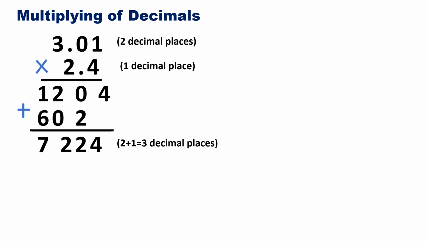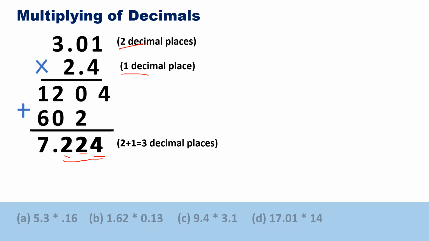So before these 3 digits we have to put the decimal point. Like this is 1 digit, 2 digit, 3 digit. Before 3 digits we'll put the decimal point, because here two decimal places are there, one decimal place is there.